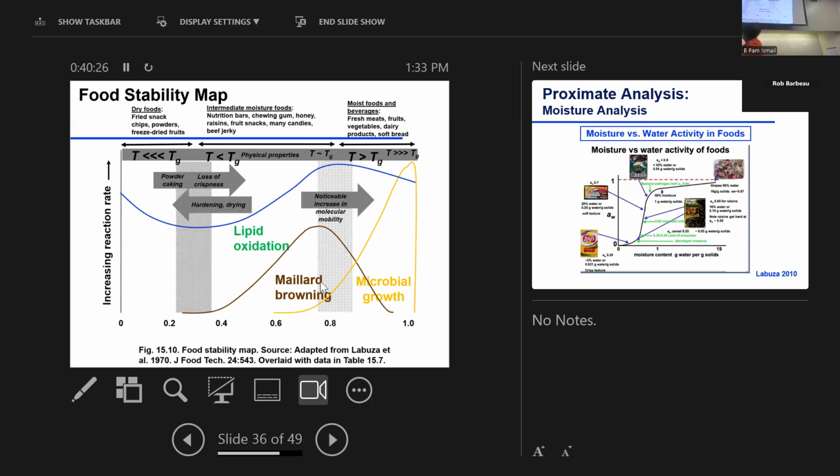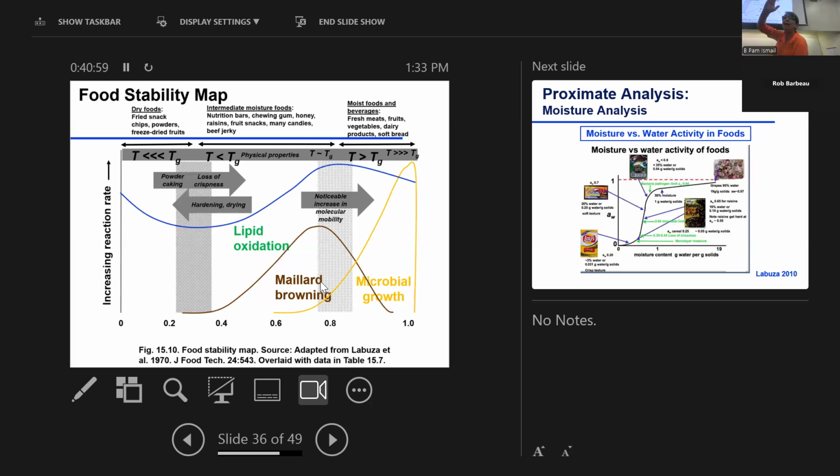So as water activity increases, look at glass transition. Do you know what glass transition, Tg, stands for? Who's going to be a brave soul? Go ahead, Mitchell. Yeah, so what happens above the Tg? When you go above the Tg, you get a change in molecular mobility.